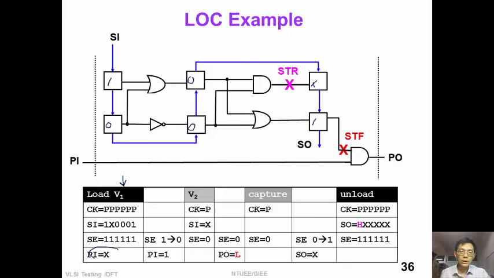And initially, the primary input is don't care, X. To create the second vector, we control scan enable to 0 and we apply second vector PI2, which is 1.